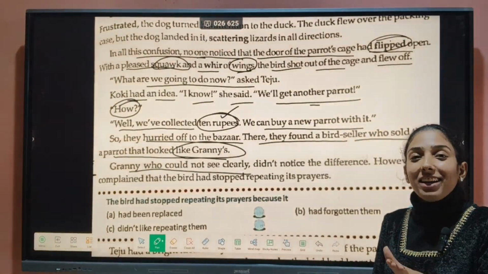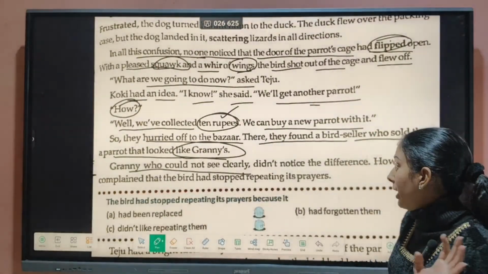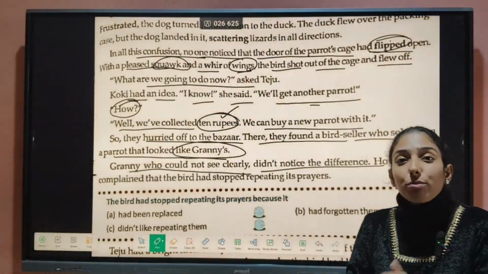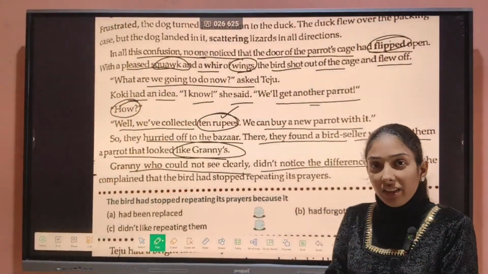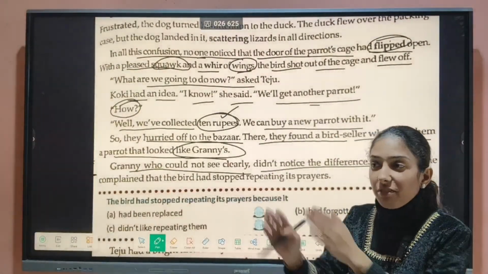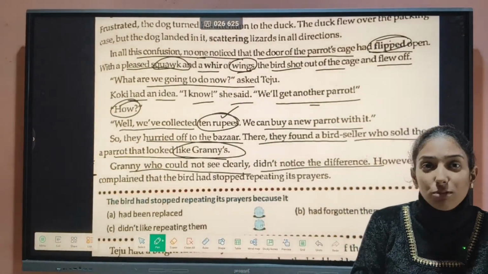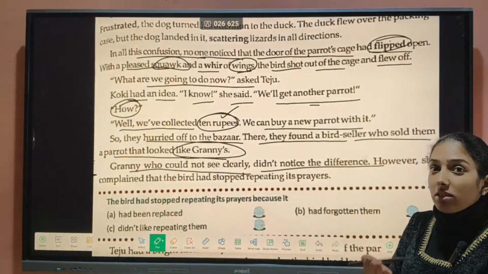Now their granny was not able to see clearly, beta. She was old and didn't notice the difference. Now they have brought another parrot and kept it in the cage and given it to Granny as if nothing happened. Granny was old, beta. She was not able to see clearly that this is not her parrot.